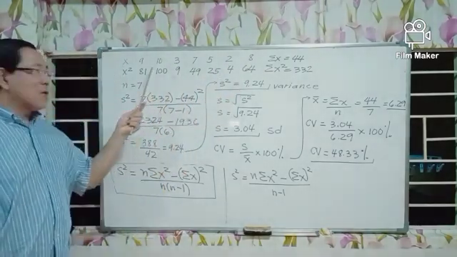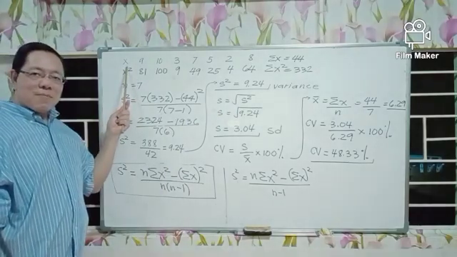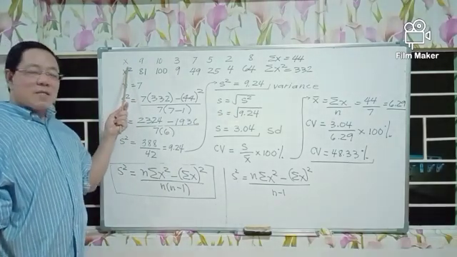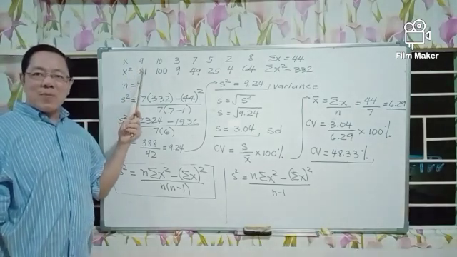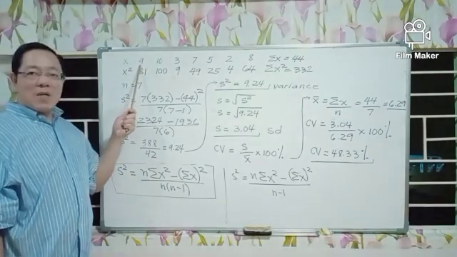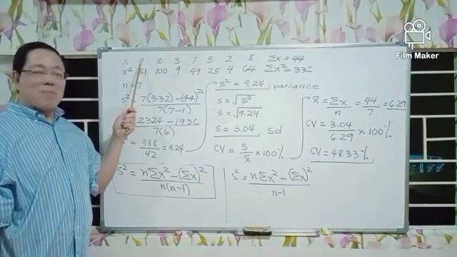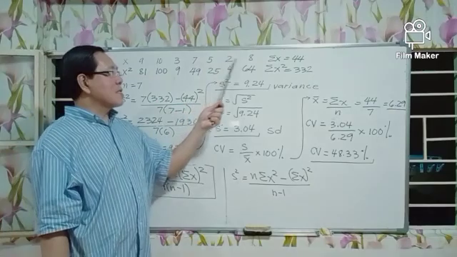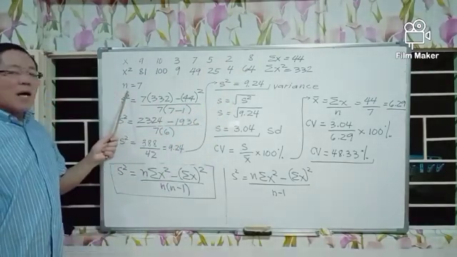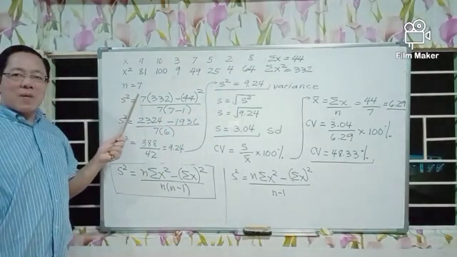These values are denoted by the variable x. And n is the sample size, the number of values given in the set of data. We simply count the number of numerical values given: 1, 2, 3, 4, 5, 6, 7. And the sample size is 7.